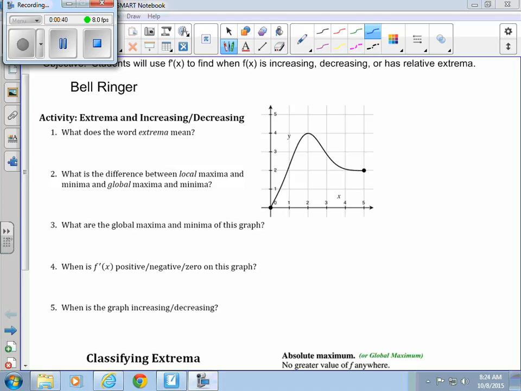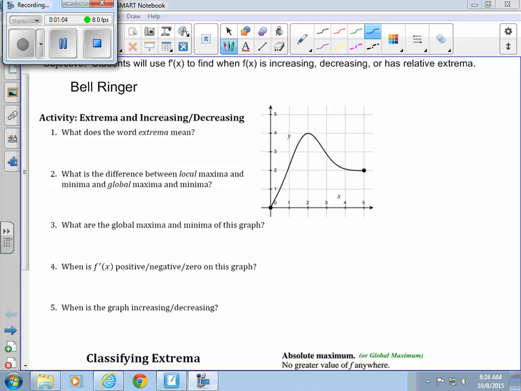What is the difference between local maxima and global maxima? Okay, local is in a small little area. So if I took that to a real world application, there is a richest guy in Greenwood, right?